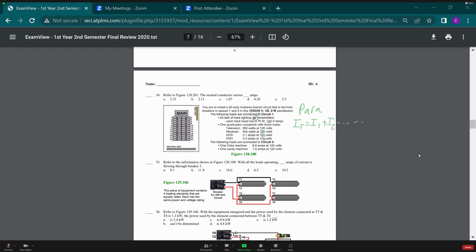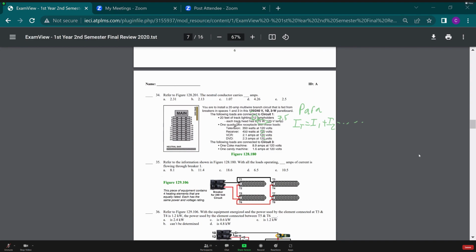So if I have 12 lamp holders at 75 watts, I'm going to first take my 75 watts divided by 120. I get 0.625 per lamp multiplied by 12 because I have 12 lamps, 7.5 amps.